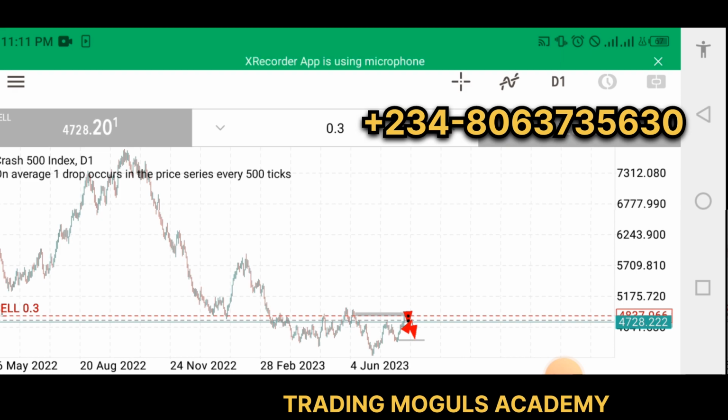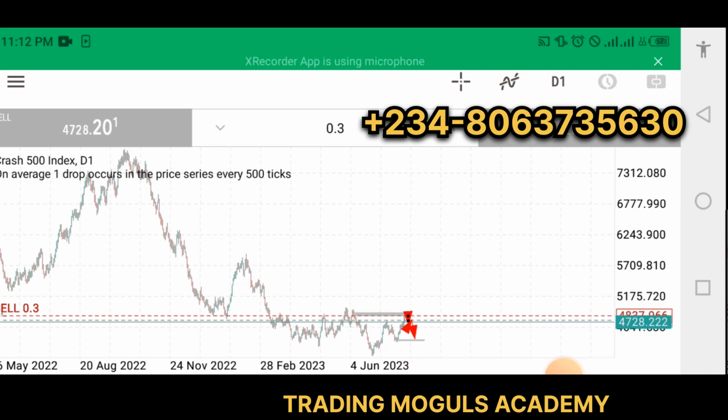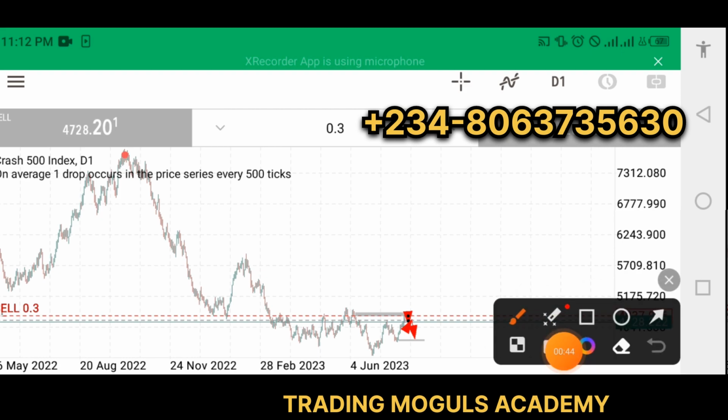The first thing we did here was to identify our market structure, which we can clearly see: the market is creating lower low, lower high, lower low, lower high. Now we were able to identify the structure to be bearish.